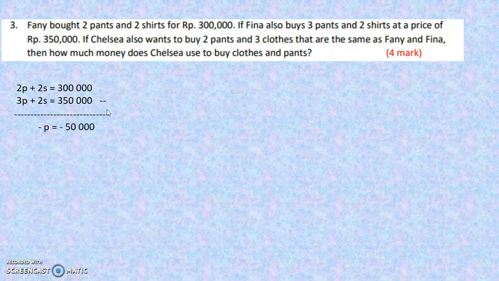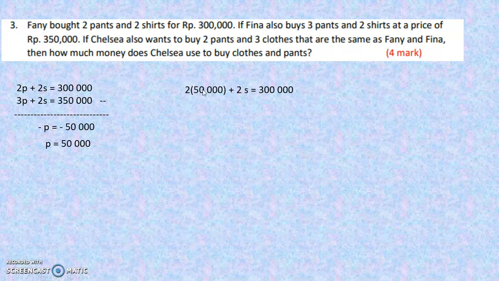Minus, because the coefficient of S is equal. We get negative P equal negative 50,000, P equal 50,000.